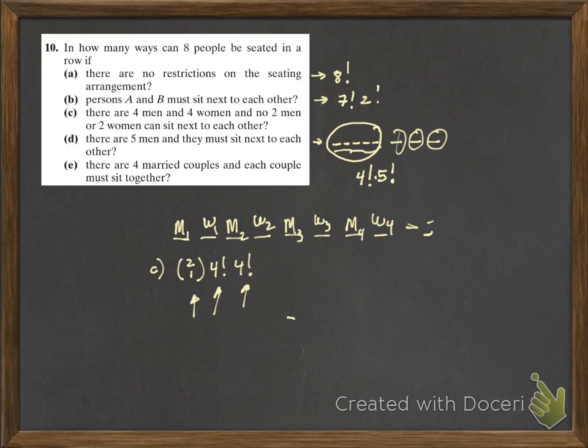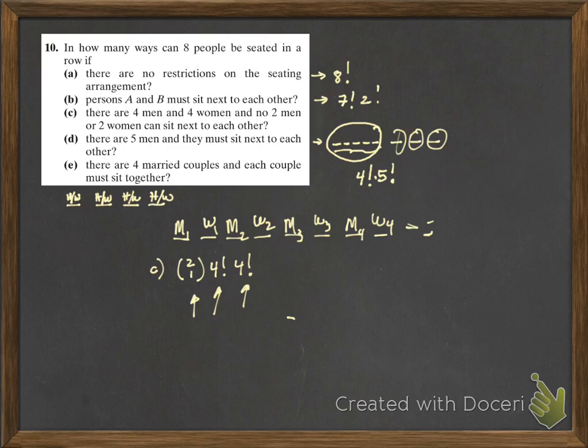Excellent. All right, let's look at E. There are 4 married couples and each couple must sit together. All right, I bet you all can do this on your own. What we really have are just 4 groups where we have husband and wife team within each, husband and wife, husband and wife, husband and wife. So we certainly only have 4 groups.